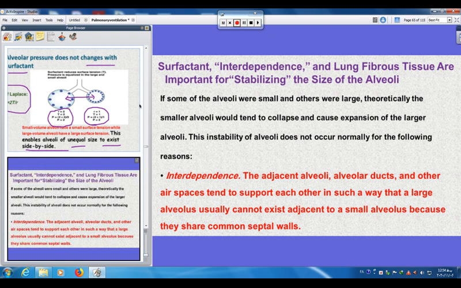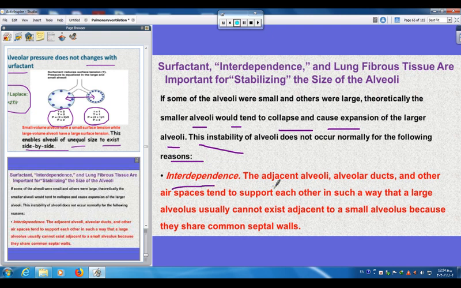Taken together, surfactant, interdependence, and the lung fibrous tissue are important for stabilizing the size of the alveoli. If some of the alveoli were small and others were large, theoretically the smaller alveoli would tend to collapse and cause expansion of the large alveoli. This instability of alveoli does not occur normally for the following reason.